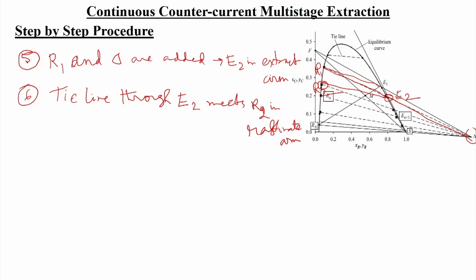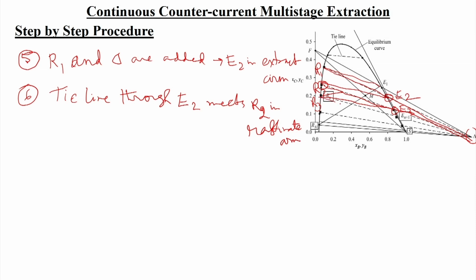Now we will be continuing this, adding R2 and delta. So, here it will be meeting E3, then again we draw the tie line and get R3, and that way we will be continuing.